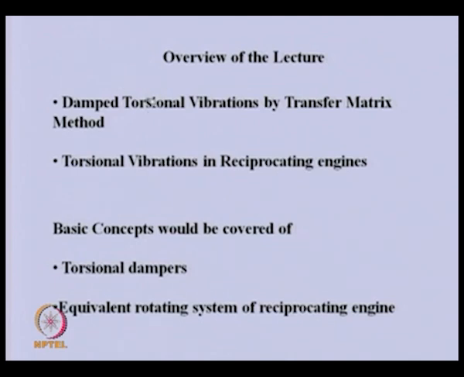Damped torsional vibration, we will develop the transfer matrix for that. We will also see torsional vibration in reciprocating engines. Some of the basic concepts we will cover are the torsional damper and the equivalent rotating system of reciprocating engines. These are the things we will try to cover in the present lecture.